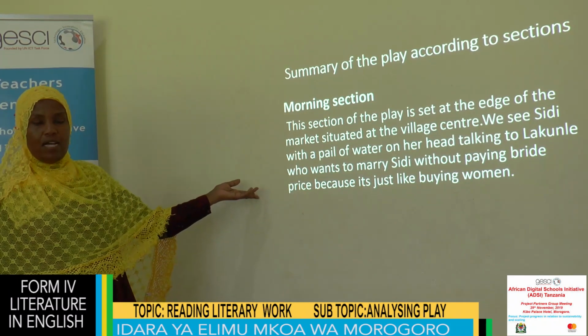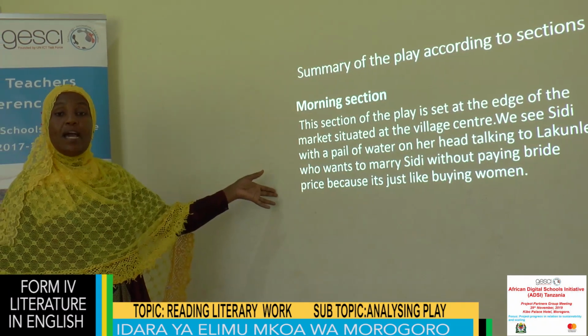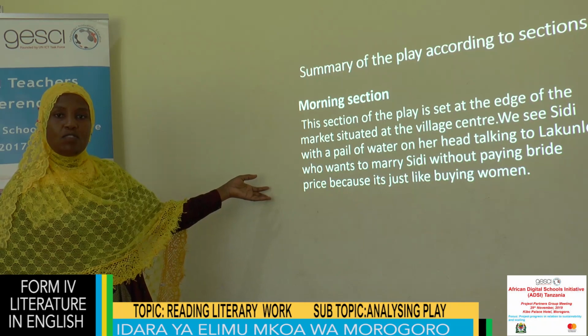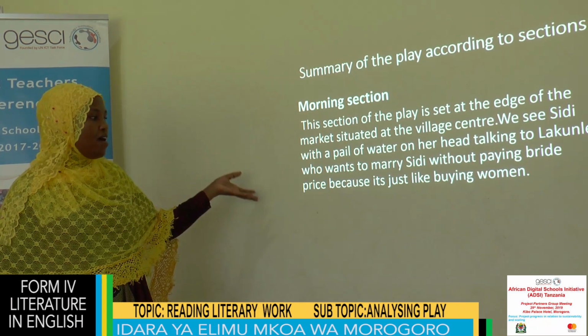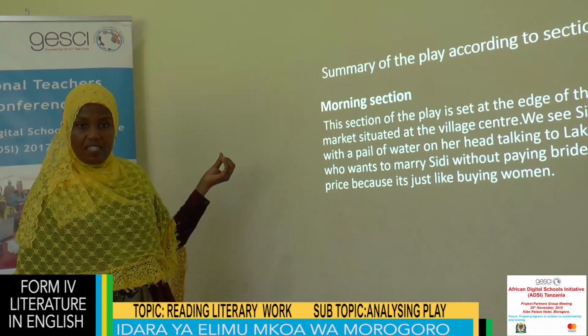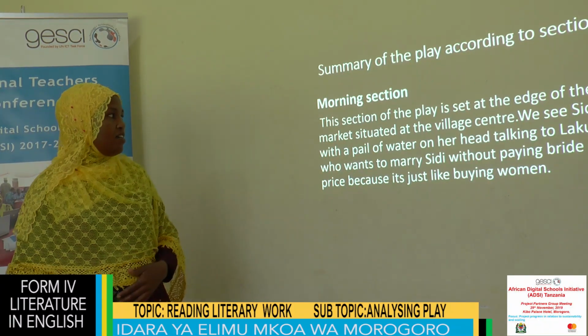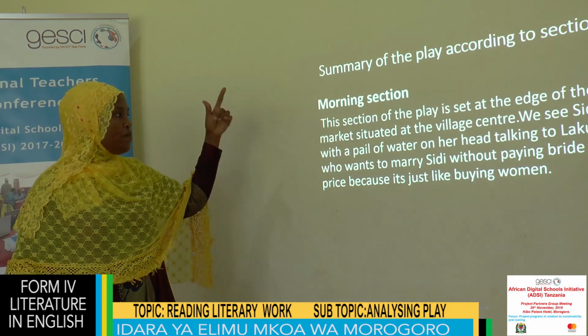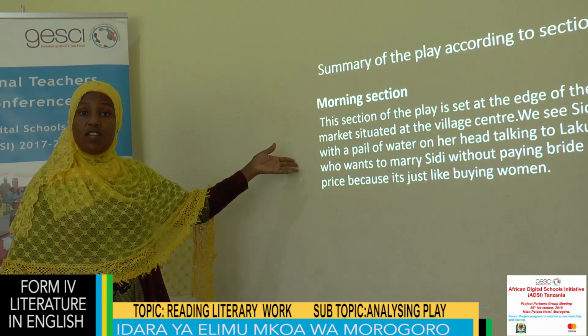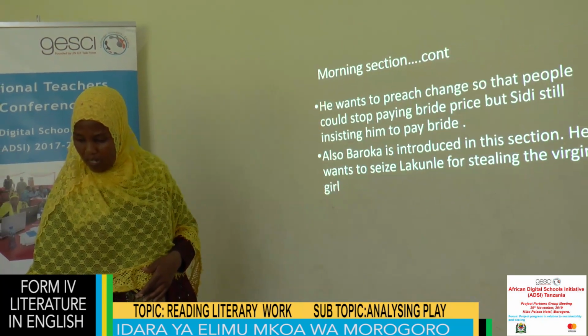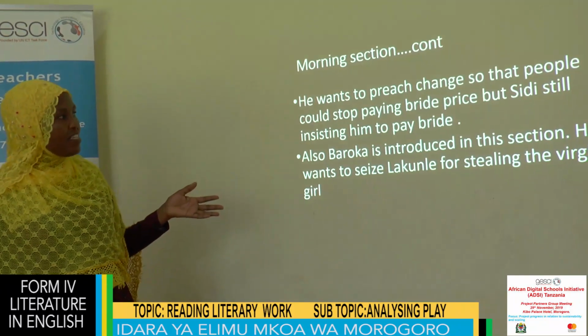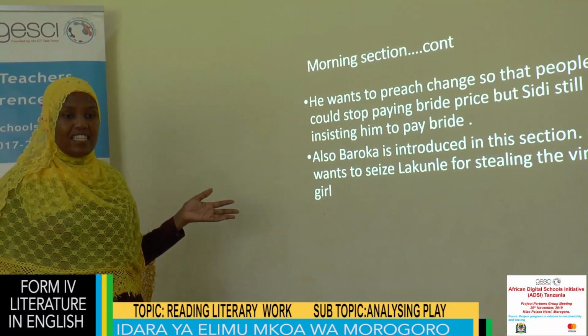So women are being considered as products, as commodities to be owned, something that is very much rejected by this modernist, Mr. Lakunle. He needs to marry Sidi, but he rejects the payment of the bride price.